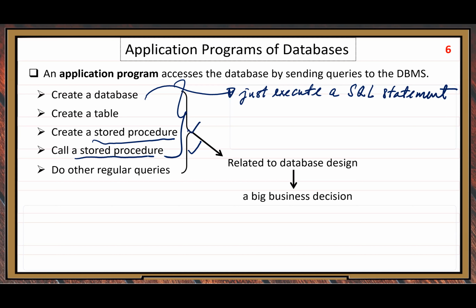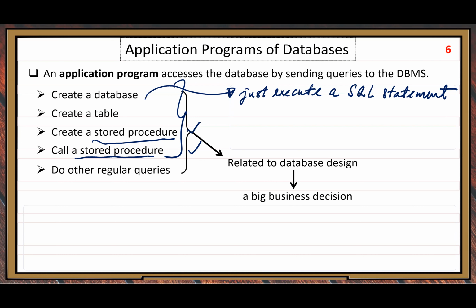Sometimes you may not be allowed to do something, based on the business decisions. You do not have the privilege to do some of the things. Think about a business: you as a programmer may not be allowed to create a database. Creating a database may need a high-level privilege.